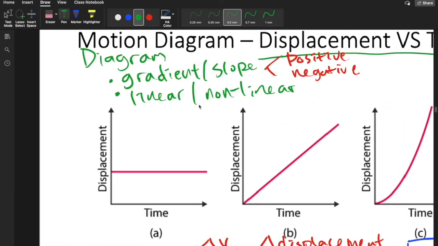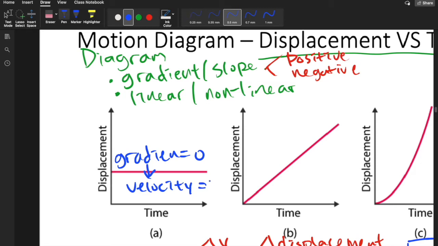So in this picture, it has a gradient of 0, which tells us that velocity is 0, which means that the object is stationary.